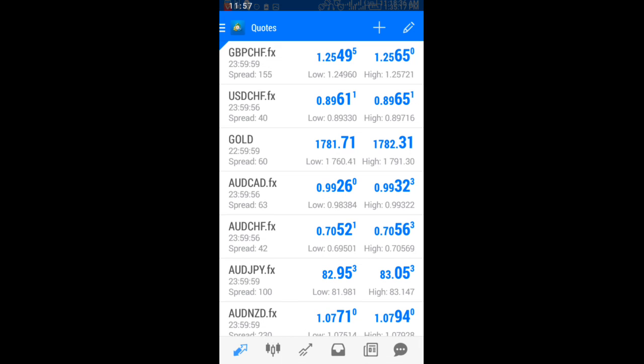You can see this GBP CHF. That's Great Britain pounds, Swiss franc. This first one is the bid price, 1.25495. That's the bid price. While the higher one, 1.25650, is the ask price.